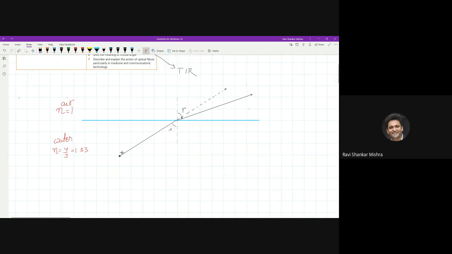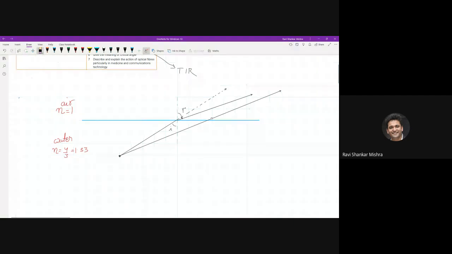From the same point, I am projecting another light ray at a different angle. So will it pass this way? The answer is no. It will bend a little bit, away from the normal.